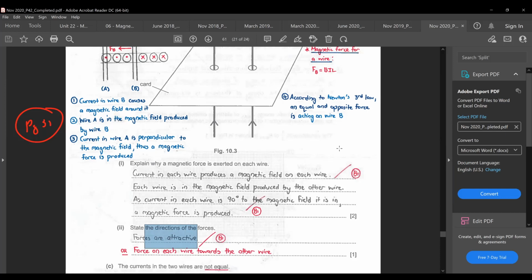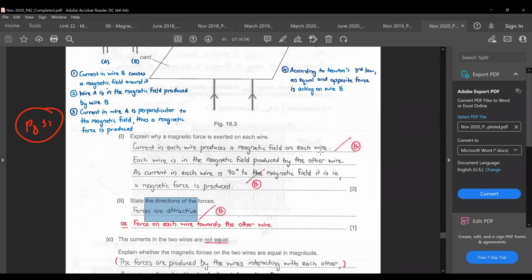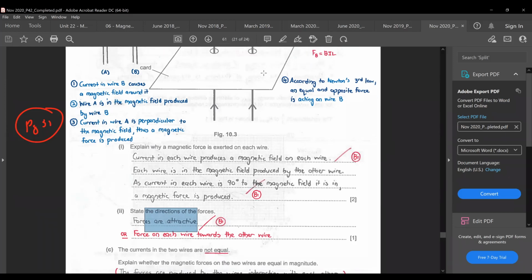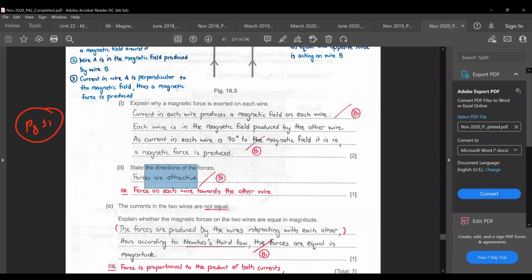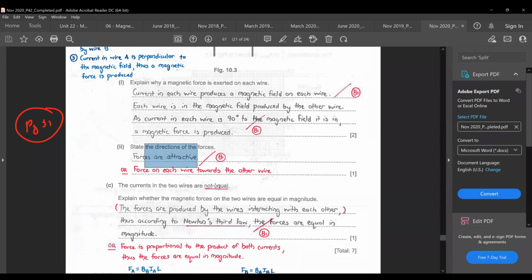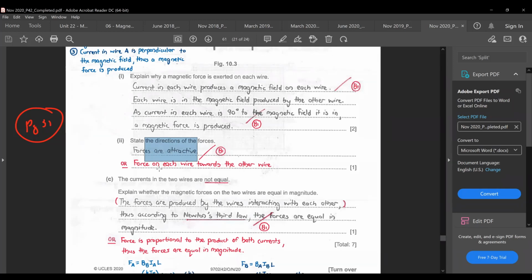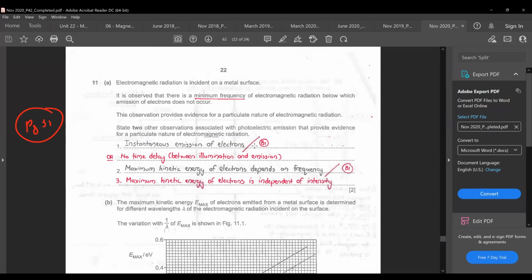If current is in opposite directions, forces are repulsive. You could also analyze it one by one using Fleming's left-hand rule and Newton's third law, but that is going to take you time, so it's easier just to remember that. But if you want to double check whether you were correct, you can do the analysis like what I did just now. So that one was okay.